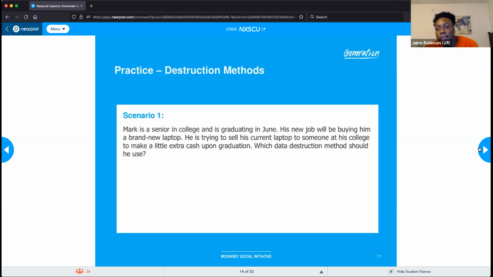Scenario 1. Mark is a senior in college and is graduating in June. His new job will be buying him a brand new laptop. He is trying to sell his current laptop to someone at his college to make a little extra cash upon graduation. Which data destruction method should he use? Full formatting?